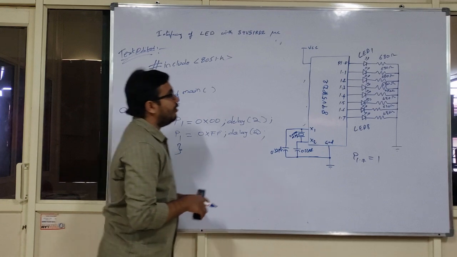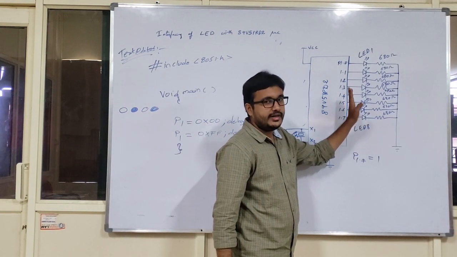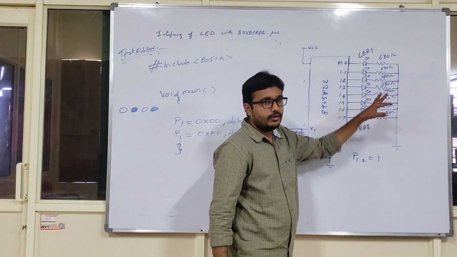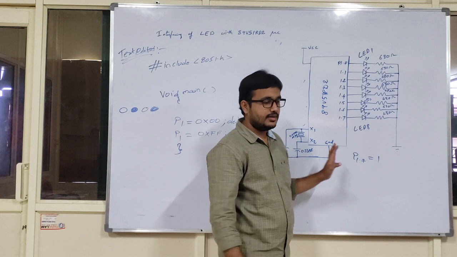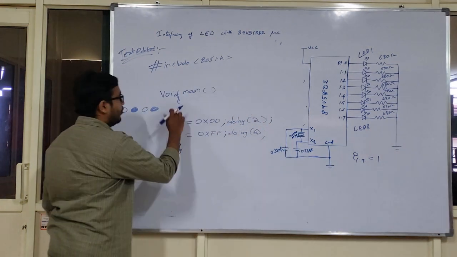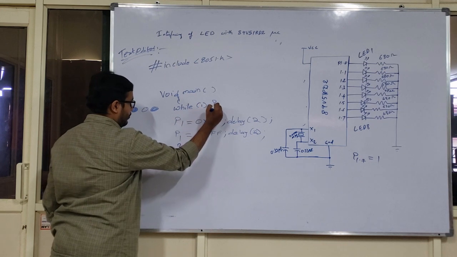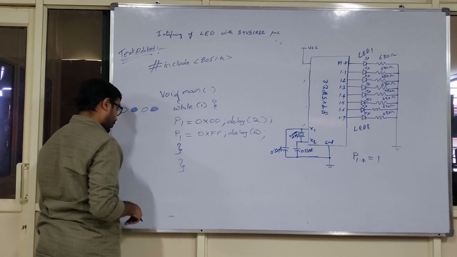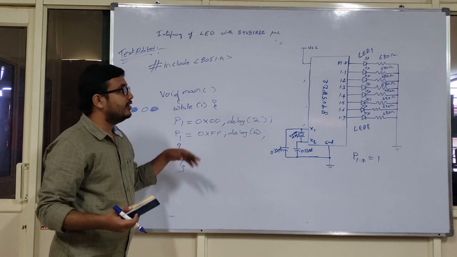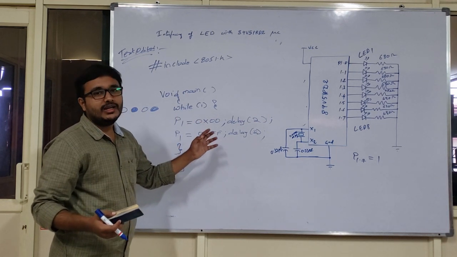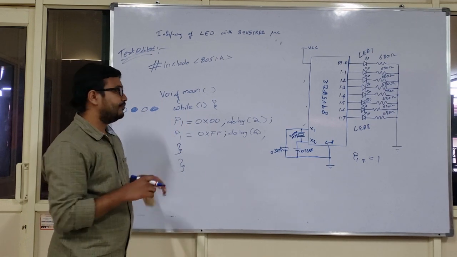That means at first instant the LEDs will be off, next on, again off, again on, again off, again on. If I want this scenario, I need to use a loop called the while loop, which is an indefinite loop. That means the activity will continuously happen. What is the activity? Blinking of the LED, on, off, on, off, on, off, up to an infinite amount of time.